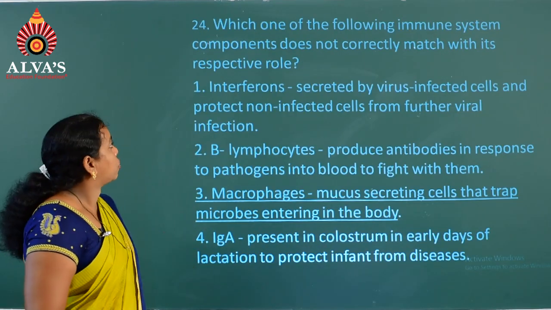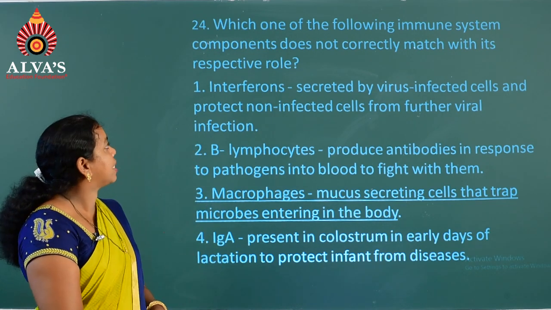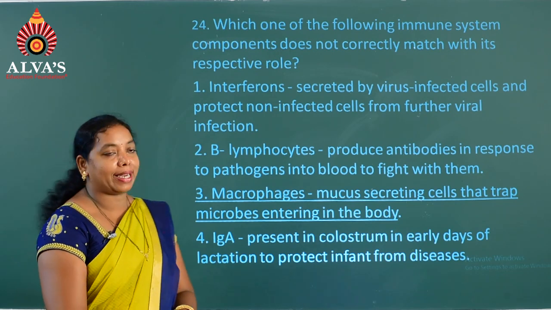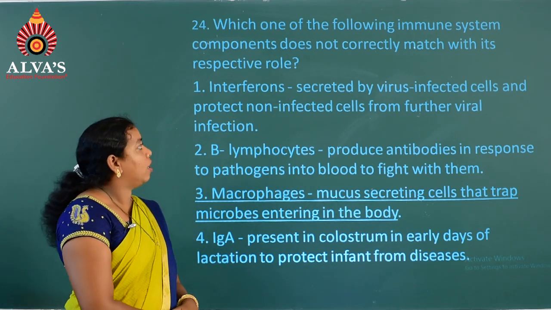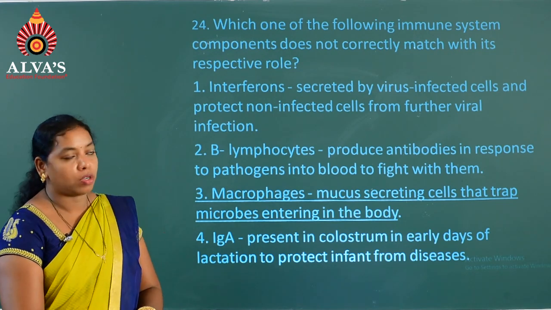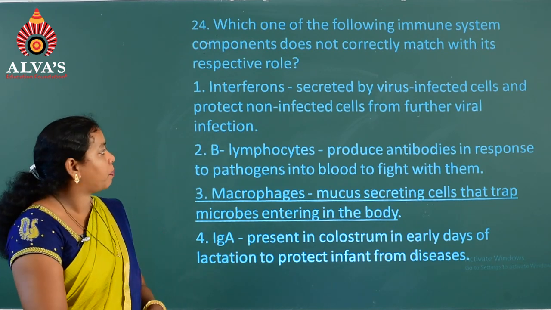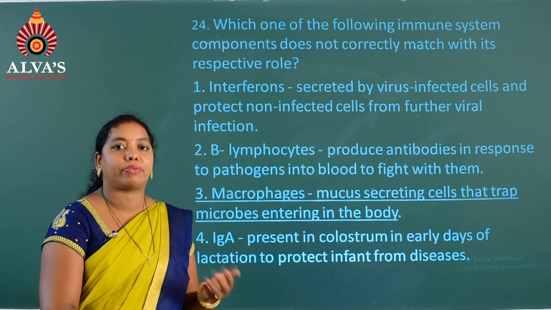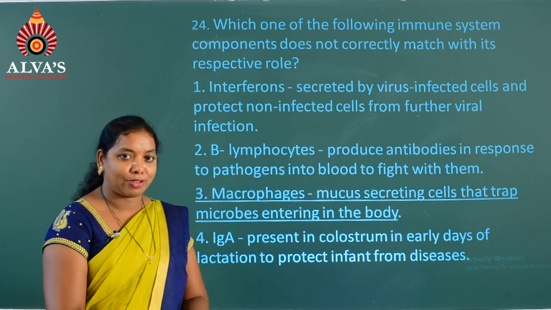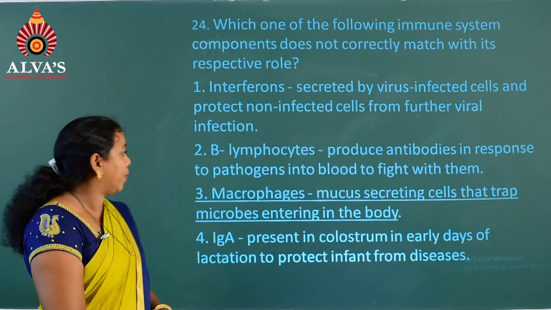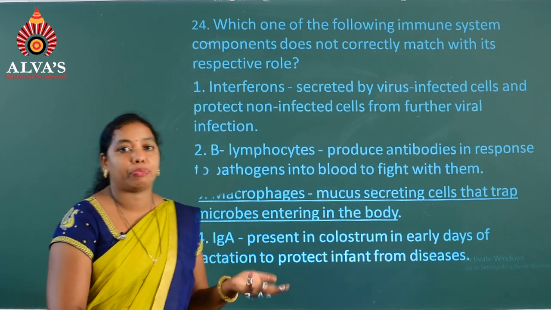So going to discuss the next question, that is question number 24. Which one of the following immune system components does not correctly match with its respective role? The first one, interferons, secreted by virus-infected cells and protect non-infected cells from further viral infections. Second option, B lymphocytes, they produce antibodies in response to pathogens into blood to fight with them.